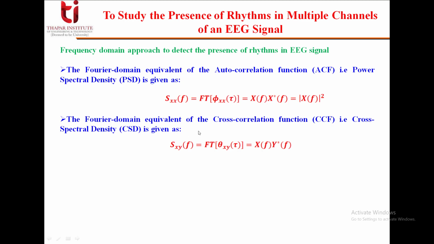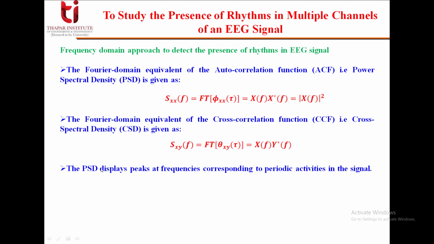So you can see here we are showing xy. That is represented as theta, meaning the Fourier transform of this cross-correlation function. So it will be the product of the Fourier transform of one signal with the conjugate of the Fourier transform of the other signal.